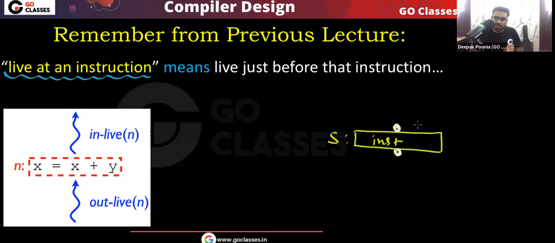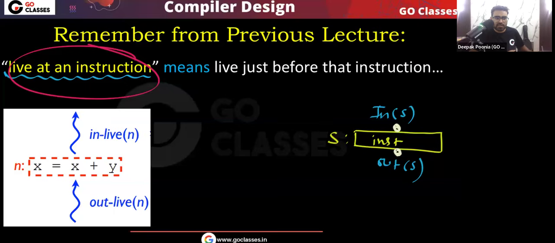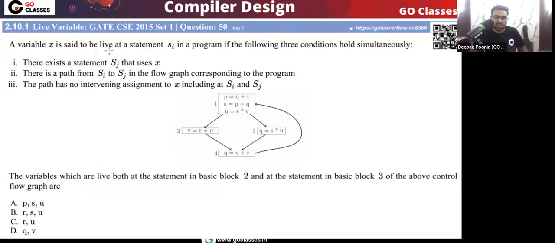So you can find the liveness information immediately before instruction S, which is called in of S, or you can find the liveness information immediately after instruction S, which is called out of S. So you tell me, what is the meaning of live at an instruction? Because in this question, they are using the words live at a statement. They are not using the words live before statement S or live after statement S.